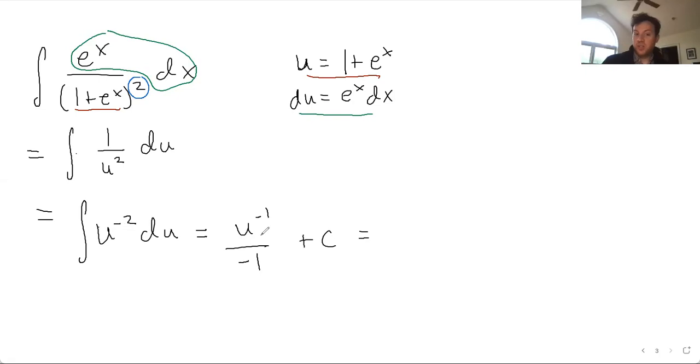We can move things around with these negatives. U to the negative 1 means in the denominator, and the negative sign can go wherever we want in the fraction, so we'll put it on top. The last thing is to replace u with the function it was in terms of x: negative 1 over 1 plus e to the x, plus c.